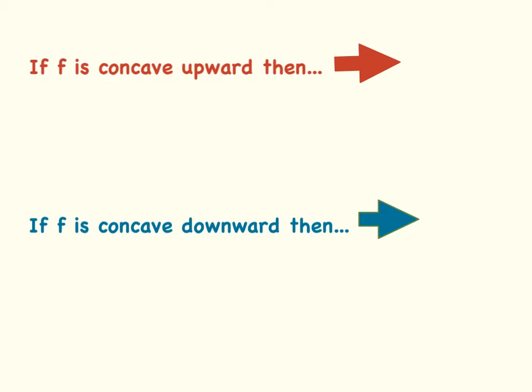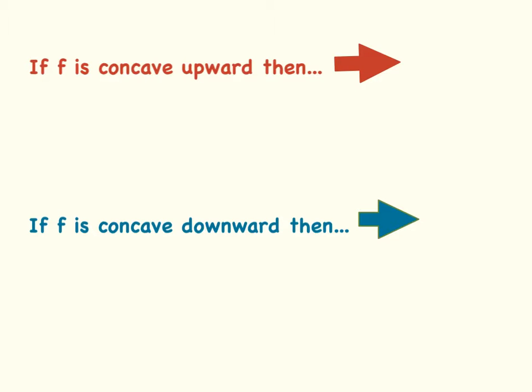So let's talk a little bit about the second derivative and how it's tied together with concavity. First of all, we could define the second derivative as the rate at which the first derivative is changing. Another way to say it is the second derivative is the rate at which the rate of change is changing. It can become a tongue twister in a hurry.